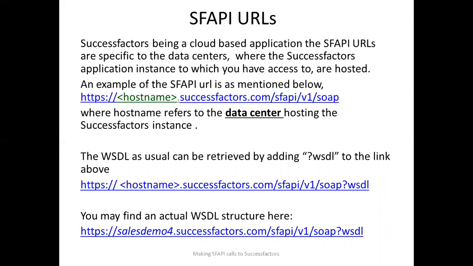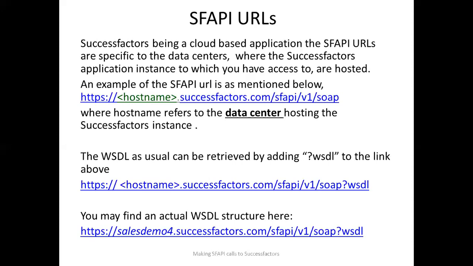Now, why data center is being emphasized over here is to make a distinction that this host name is different than the host name which you normally see in the SuccessFactors application when you log into it on the UI part. So that is a different data center URL. The host name is different. That we'll come to know in the coming slides.